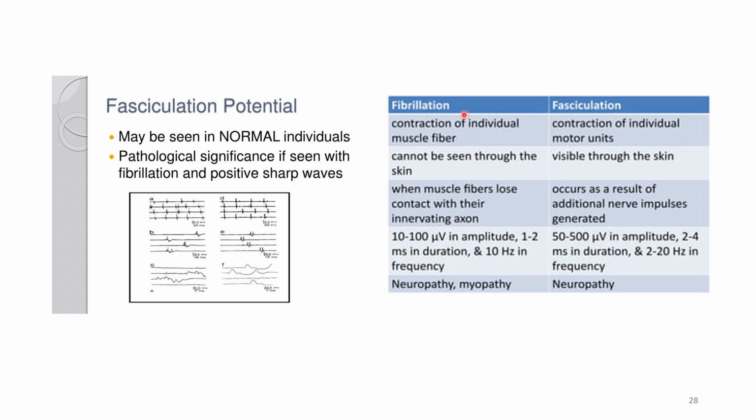So what are the differences between fibrillation potential and fasciculation potential? Fibrillation is because of contraction of an individual muscle fiber, and it cannot be seen through the skin. When muscle fibers lose contact with their innervating axon, that is, denervated muscle fibers will show fibrillations. It may be because of neuropathy or myopathy.